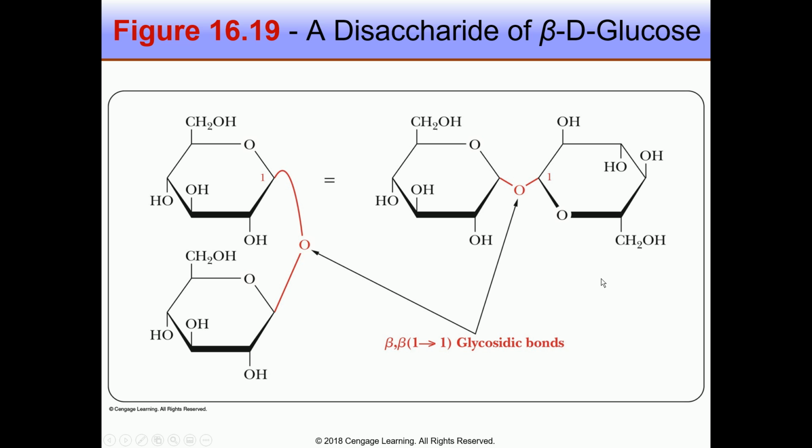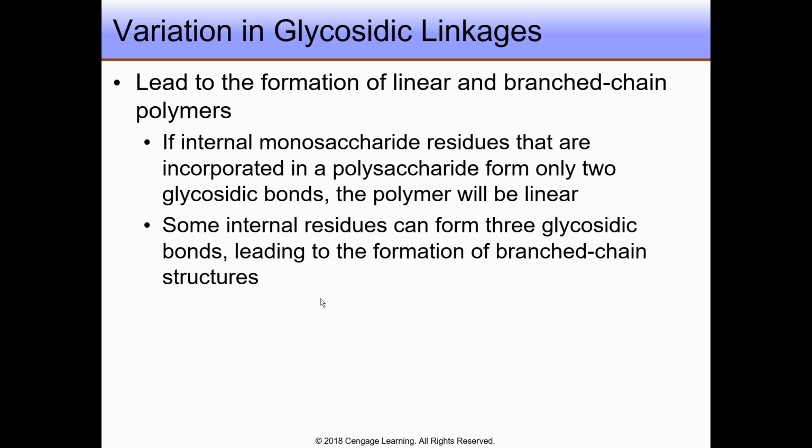Similarly, they can be beta glycosidic bonds also. Beta glycosidic bonds will be formed when the glucose molecules involved are the beta form of glucose. The glycosidic linkages can be linear, or they can be branched.